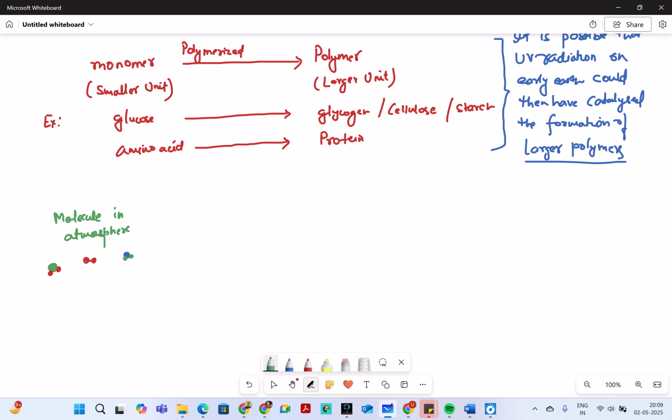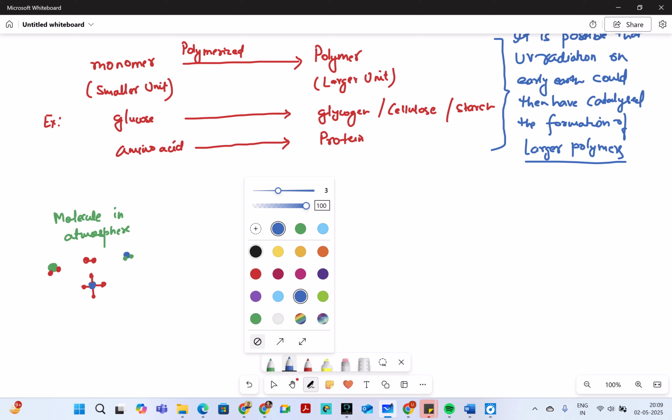Then you have CH4, methane, right? Then you have ammonia, NH3, right?